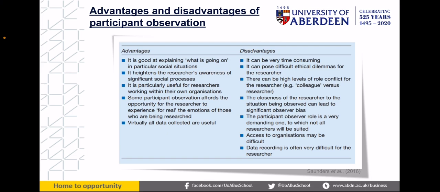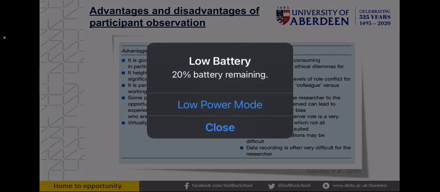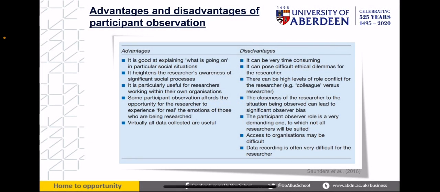It's particularly useful for researchers working within their own organization, but of course, also other organizations not similar to theirs. Another good advantage is that some participant observation affords the opportunity for the researcher to experience for real the emotions of those who are being researched. Disadvantages: very time consuming.